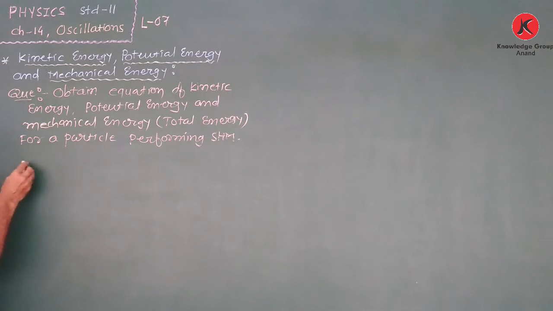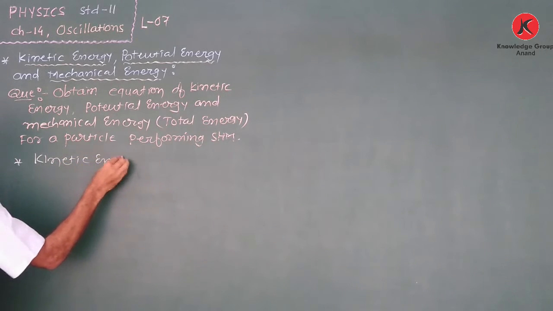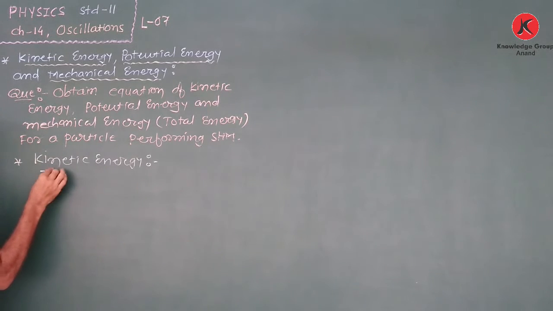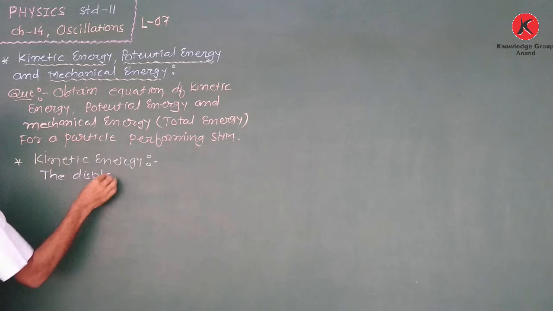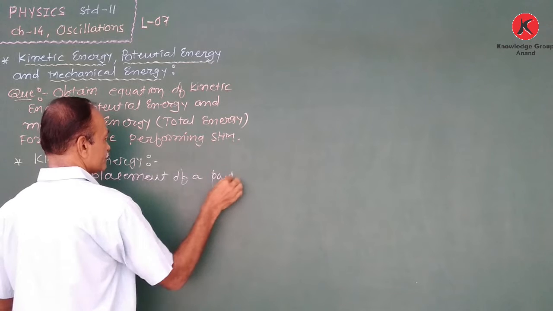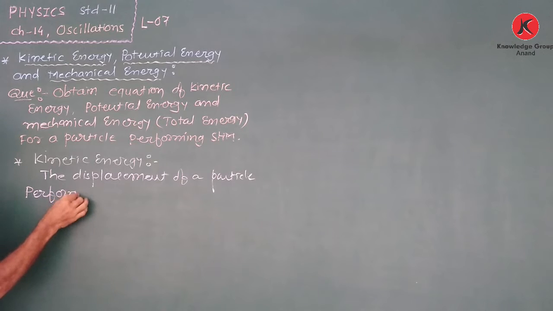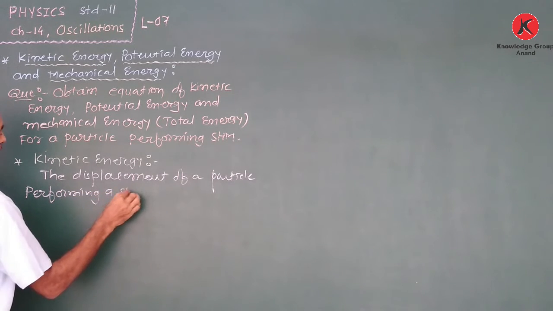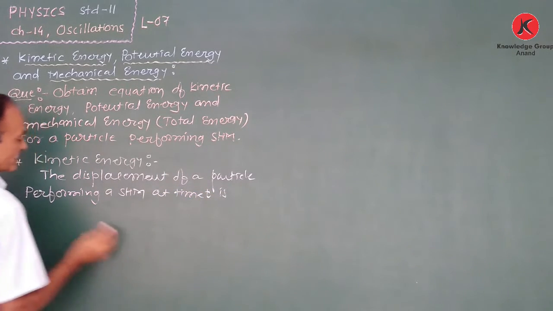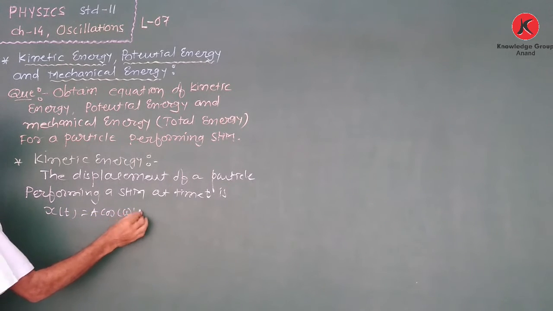For that purpose, the displacement of a particle performing a simple harmonic motion at time t is given by the equation x(t) = A cos(omega t + phi).